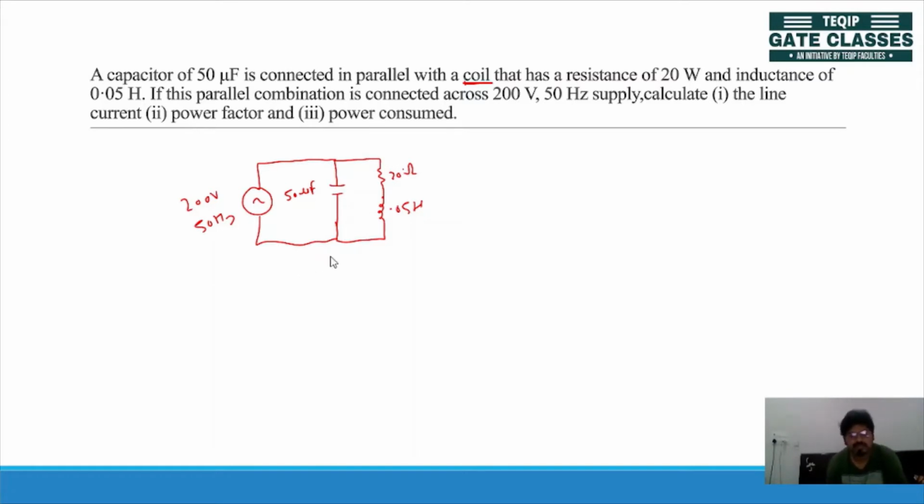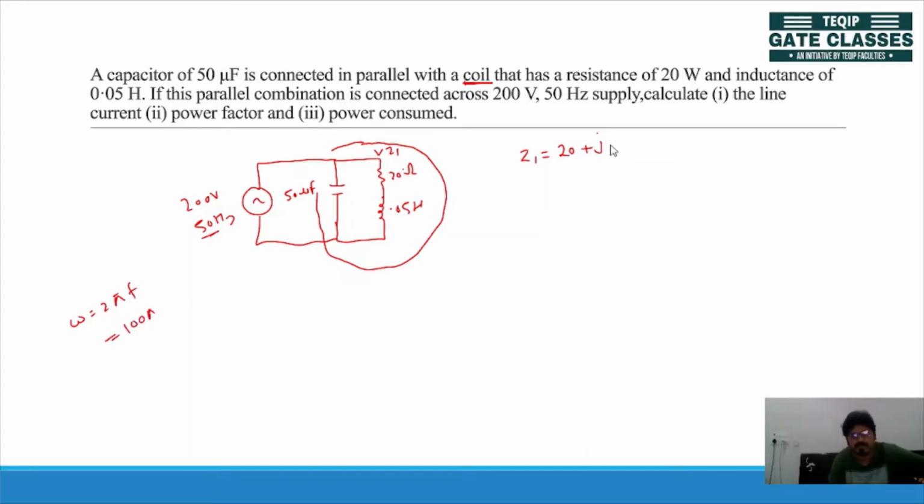So again, what do you have to calculate? You have to calculate the complete Z. Let's say the impedance of this branch is Z1. It will be 20, that is R, plus j omega L. F is 50, which means omega is 2 pi F, so it will be 100 pi.